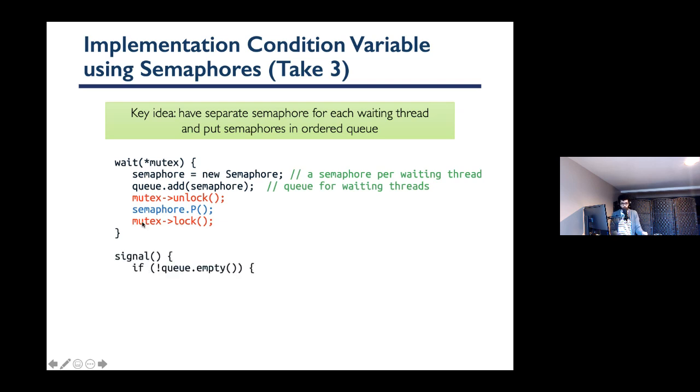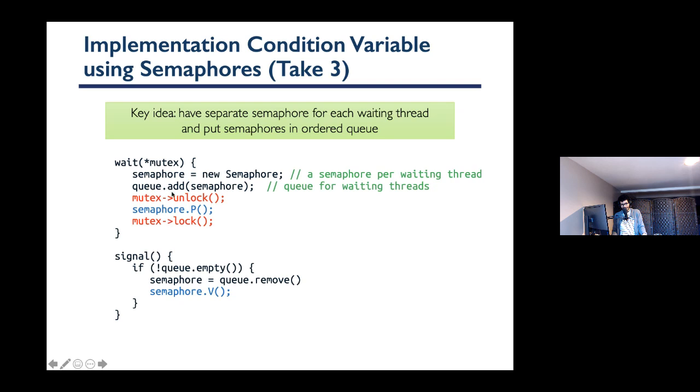How does the signal work? Signal will check the queue. If nobody is in this queue, it doesn't do anything. But if there is someone in that queue, then the semaphore gets removed and we call V on that.